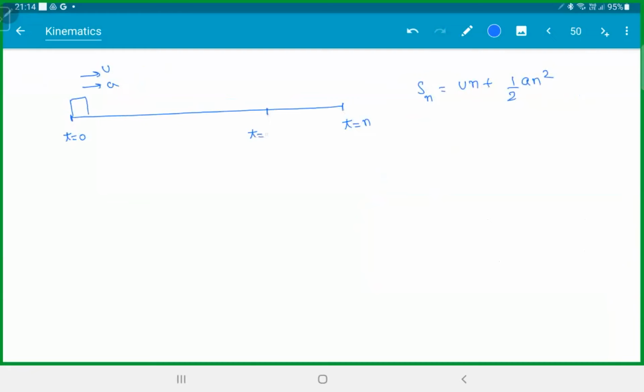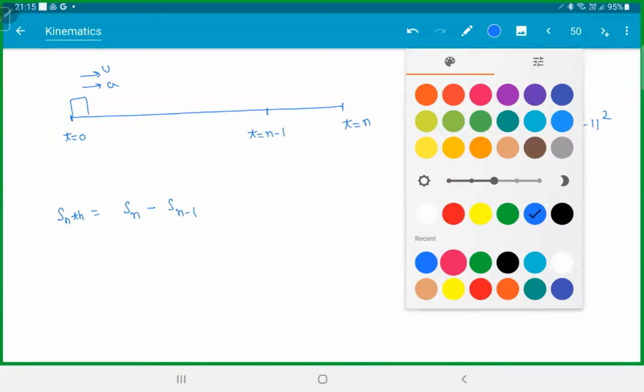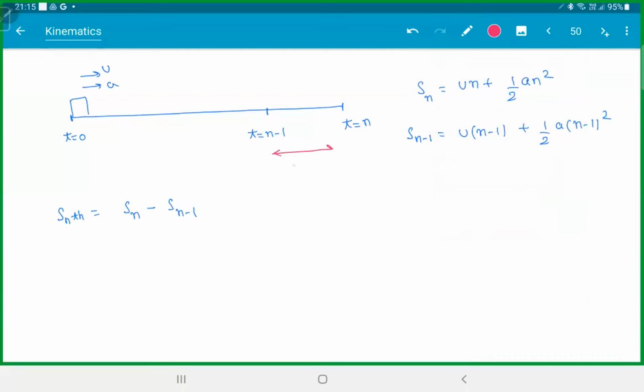But if you take t is equal to n minus 1, then Sn minus 1 will be u into n minus 1 plus half into a into n minus 1 whole square. So you want nth second, subtract them. The nth second will be distance up to n minus distance up to n minus 1. This would be your nth second. So just subtract them.